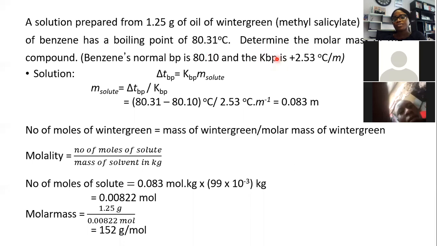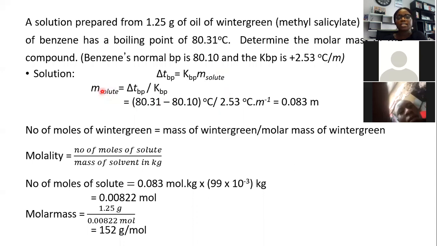And you're given the constant, the boiling point elevation constant, which is 2.53 degrees Celsius divided by molar. So just in case you don't know where the molar mass is coming from, out of three variables, you already have two knowns. So the first thing to do is to look for this one that is not given. So we make m, which is the molality of the solute, the subject of the formula.